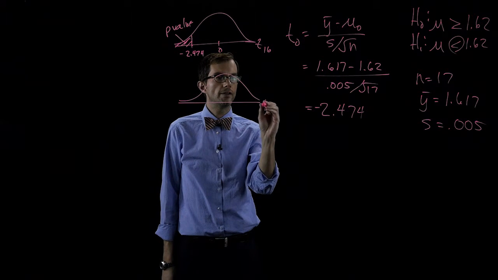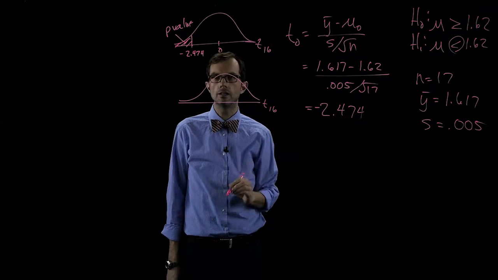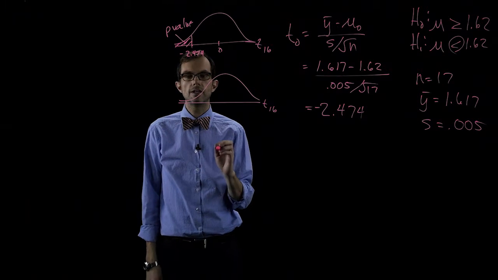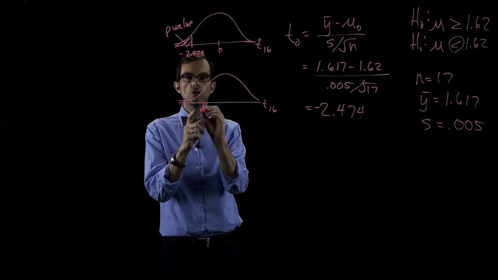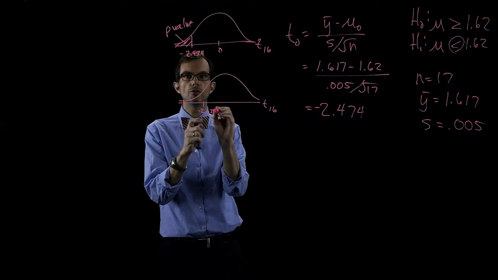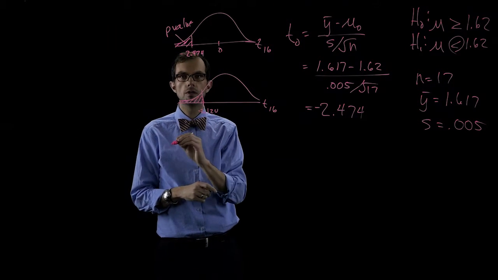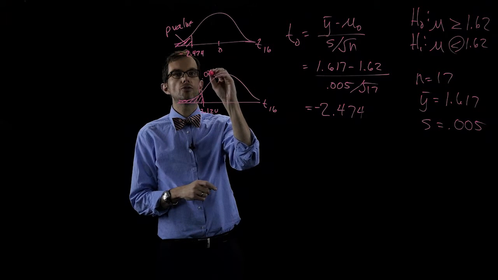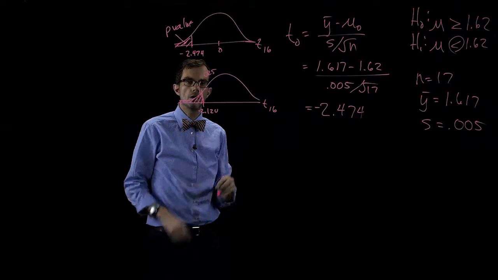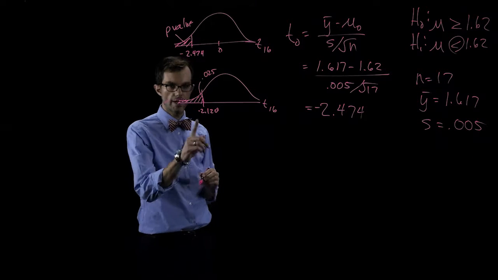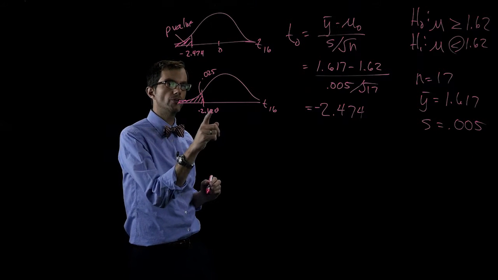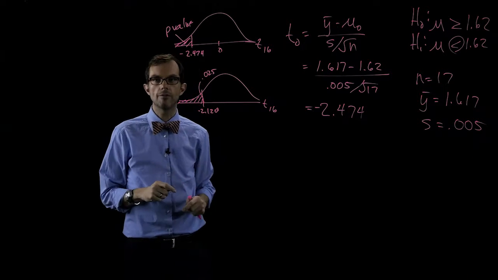For t of 16, we'll go down and see negative 2.120, okay? And that has area 0.025. So the tail area associated with negative 2.120 is 0.025.